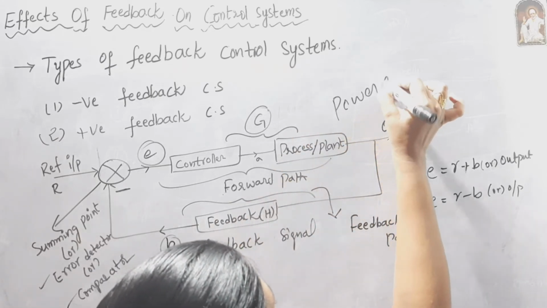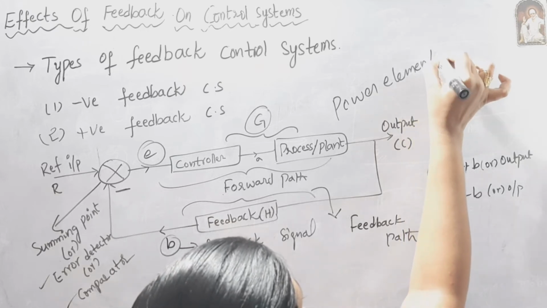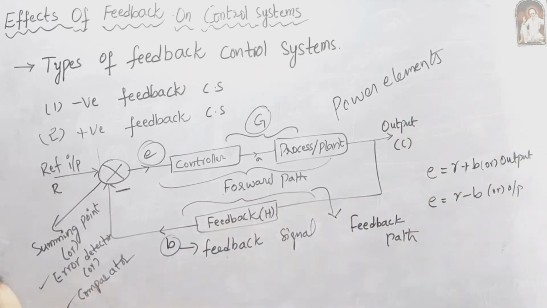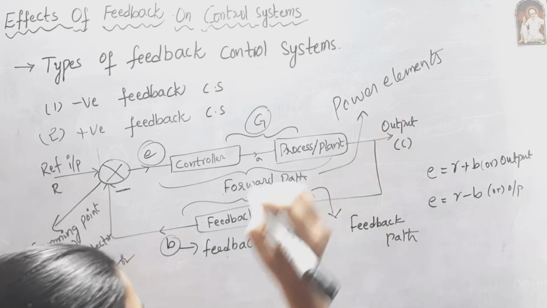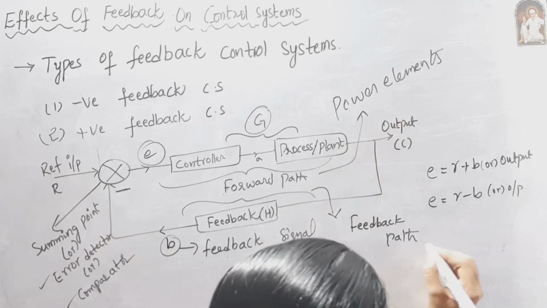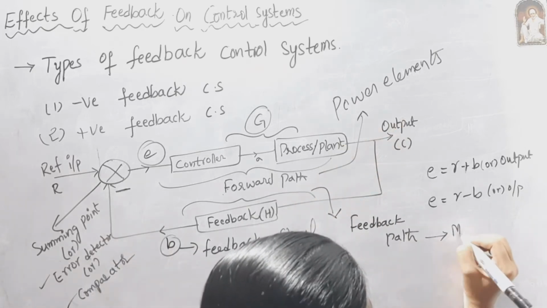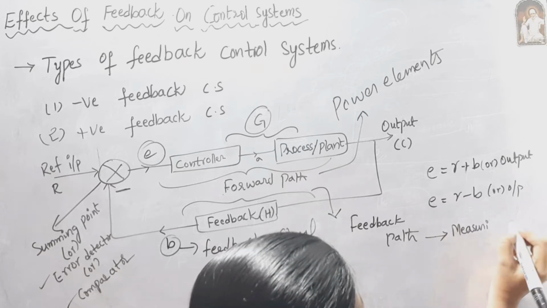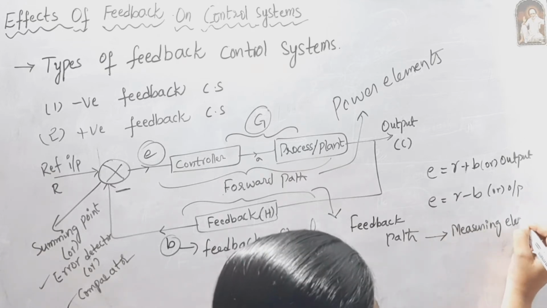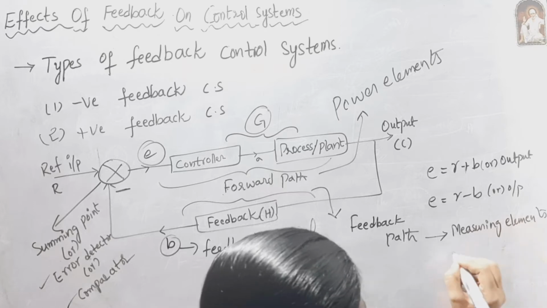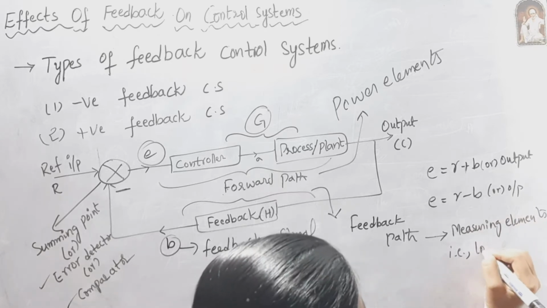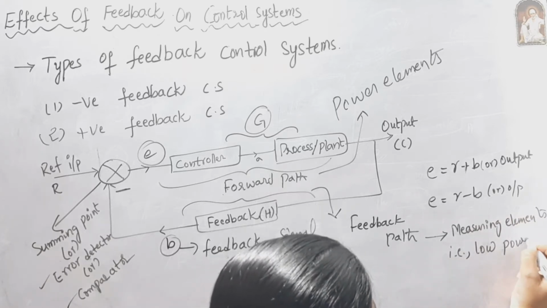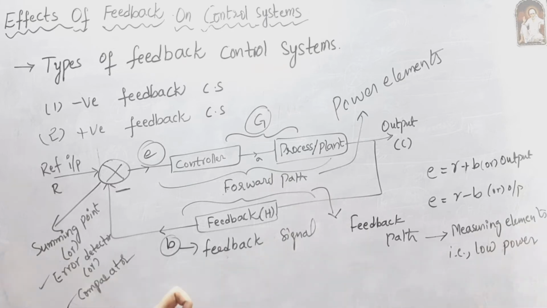The elements which are connected in the feedback path are measuring elements, that is, low power elements. This is some terminology regarding closed loop control systems.